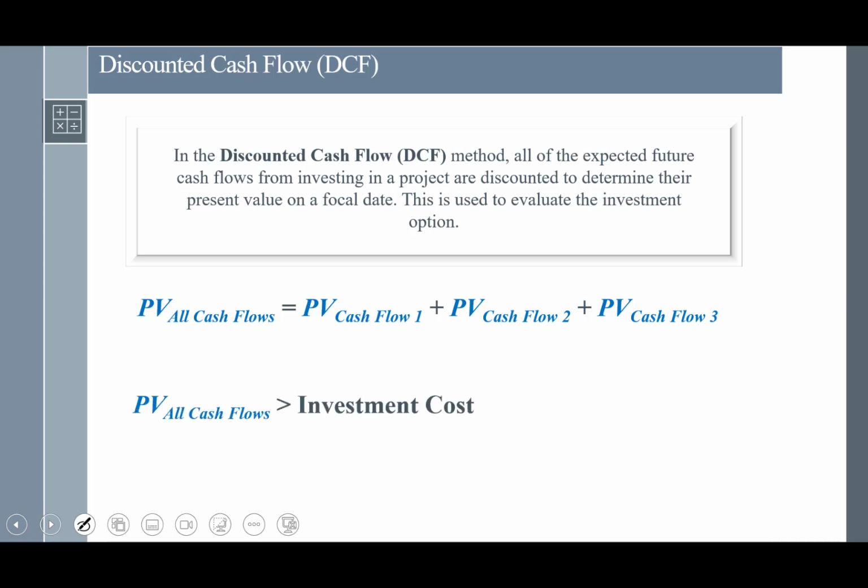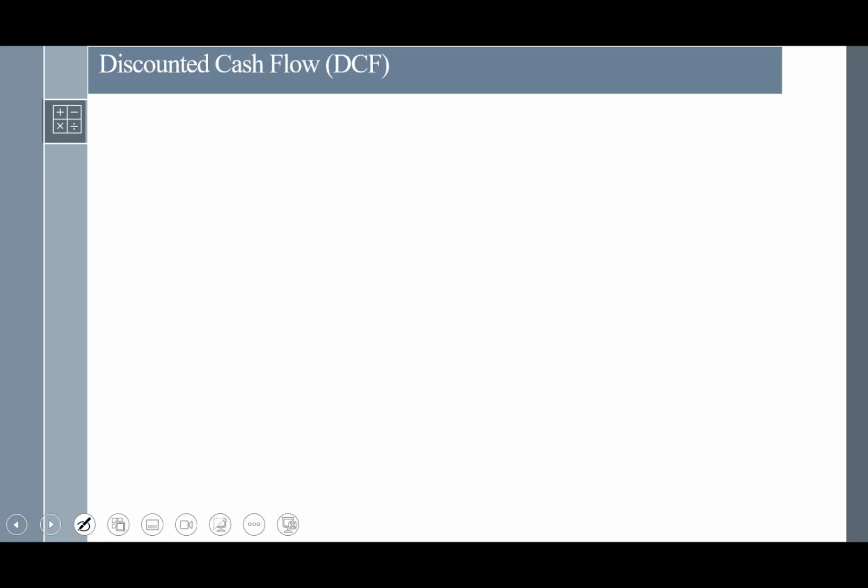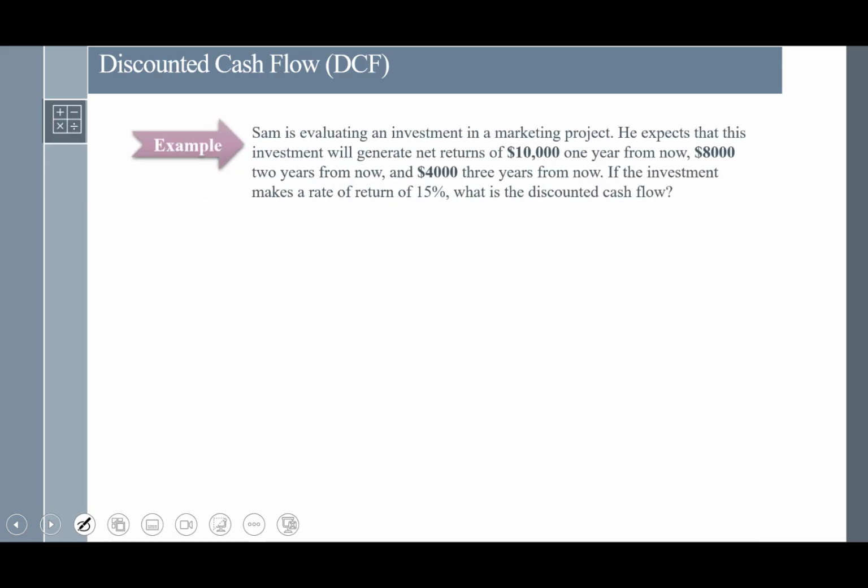This should be greater than the investment cost. And remember, the investment cost also is a present value. So in other words, the present value of all inflow should be greater than the present value of all outflow.